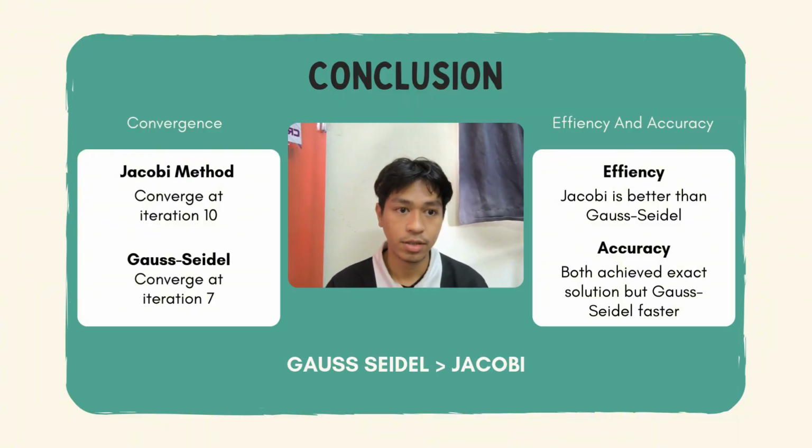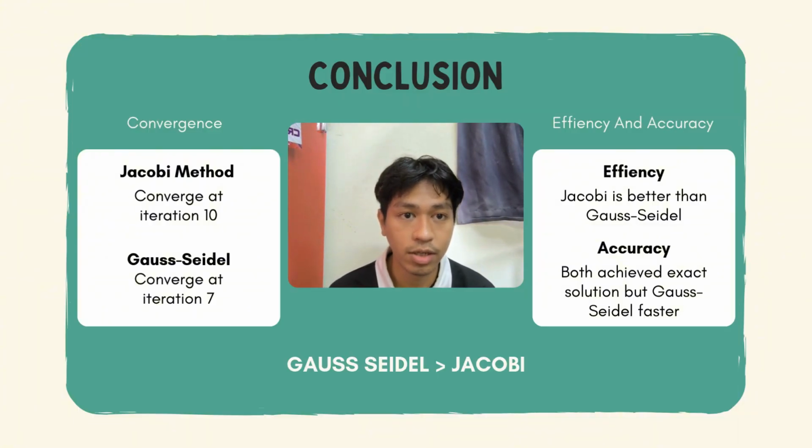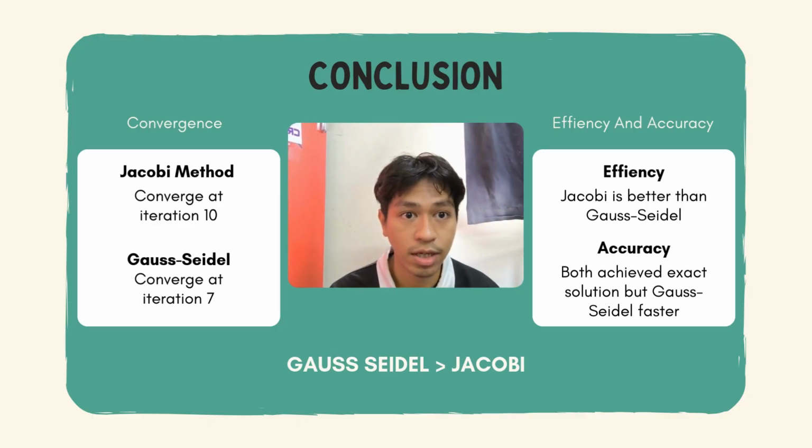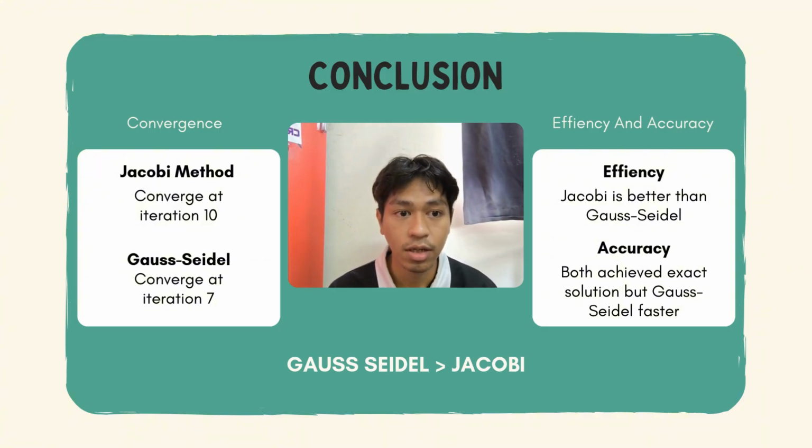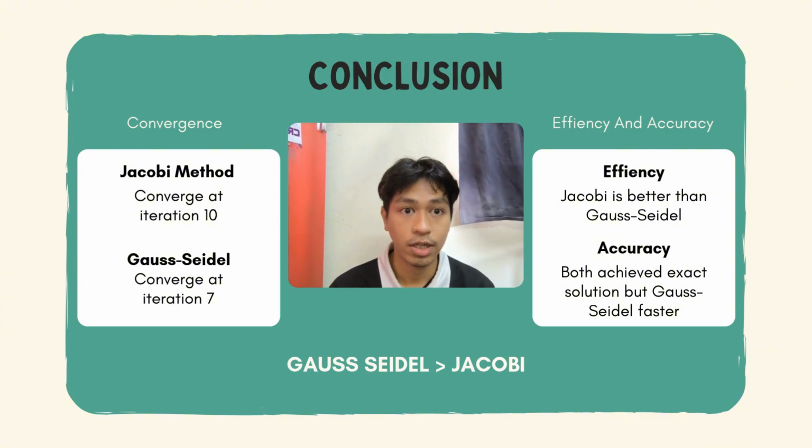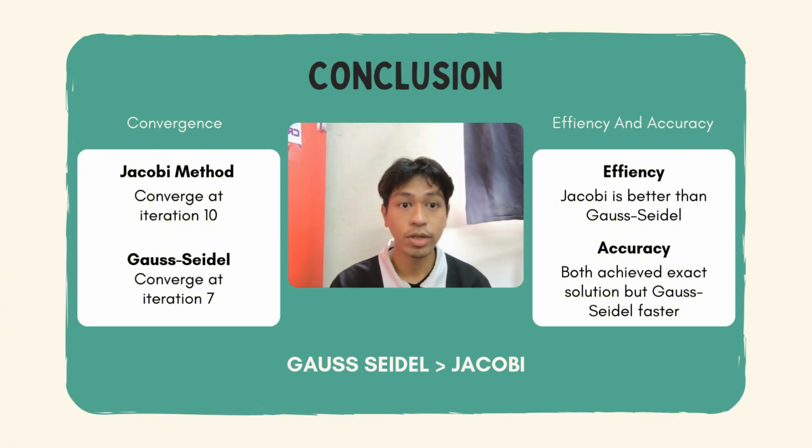For the efficiency, we can say that Jacobi is better than Gauss-Seidel because the time consumed to process the data in Mathematica is shorter. And lastly, for the accuracy, they both achieve the exact solution, but Gauss-Seidel is faster, as it converges at iteration 7, while the Jacobi converges at iteration 10. So, we can conclude that the Gauss-Seidel method is better than the Jacobi method.